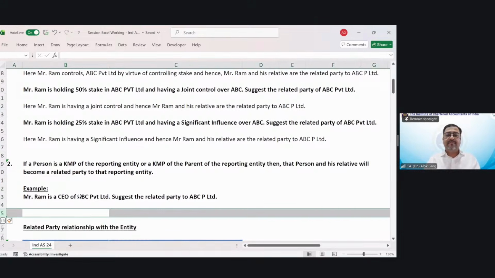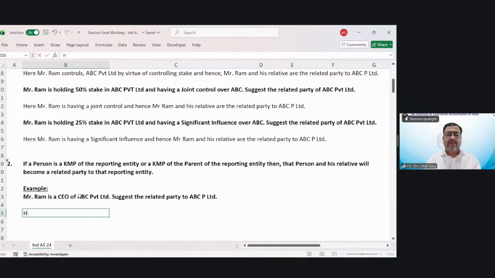So here Mr. Ram is a KMP, and hence Mr. Ram and his relatives are related party to ABC Private Limited. Okay.